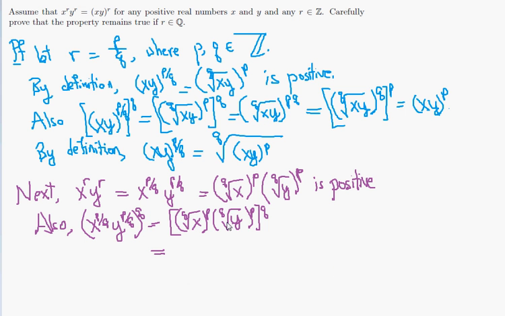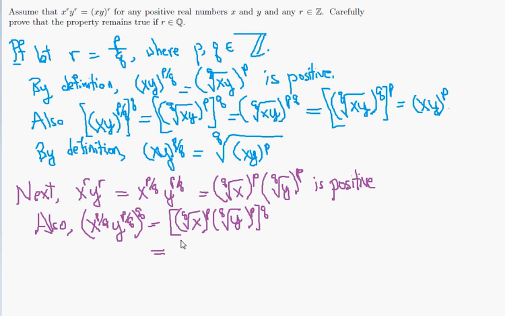The way that we can do this is because the qth root of x is positive, the qth root of y is positive, and p and q are both integers. Therefore, if I have a positive number to the p times a positive number to the p, all to the q, this breaks up.